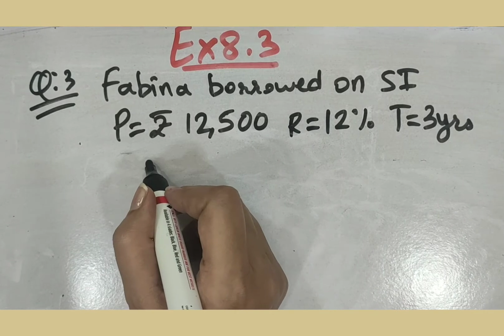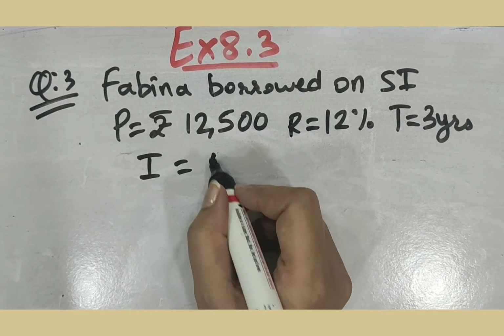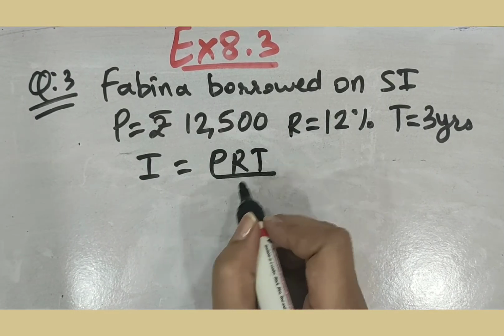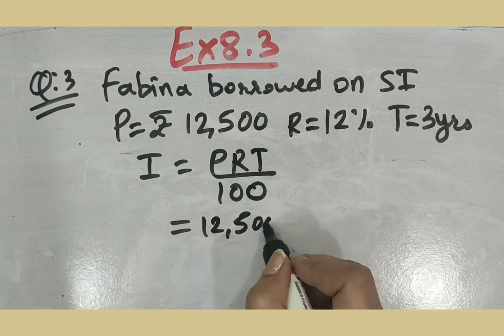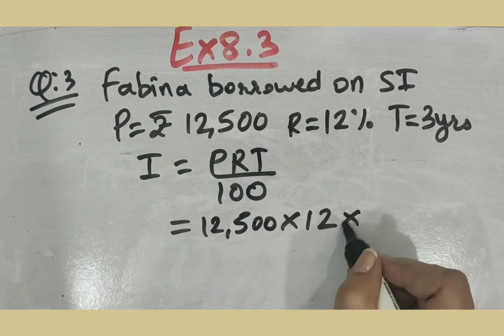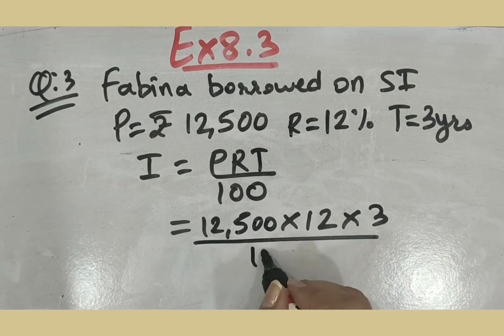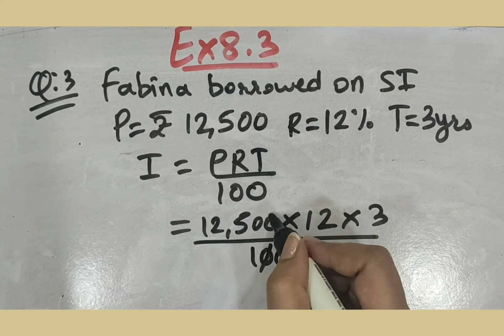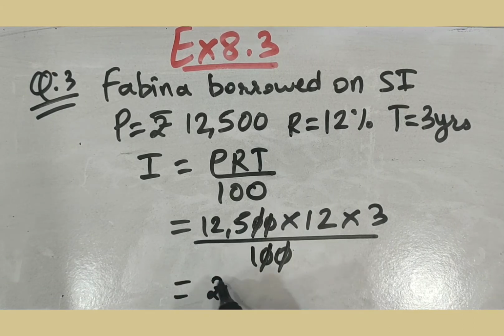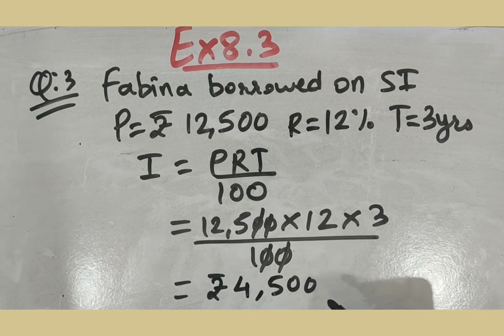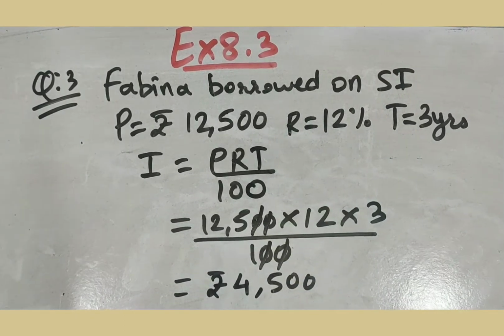Let us calculate simple interest is equal to PRT upon 100. So that is 12,500 multiplied by 12 multiplied by 3 upon 100. 0 0 will get cancelled. After multiplying all the numbers, I'll get rupees 4,500. So this is the interest what Fabina has paid.